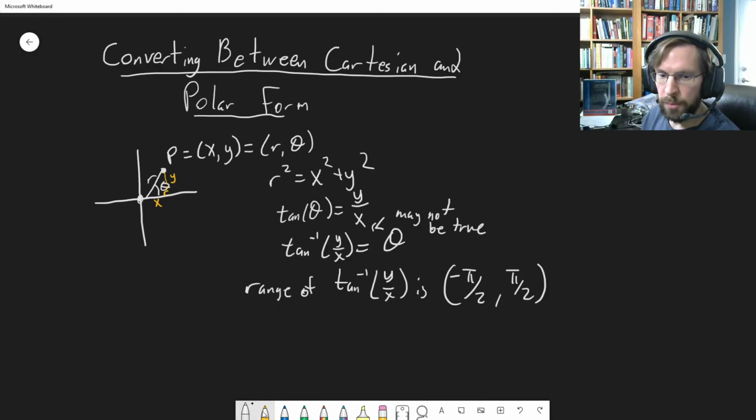So for example, if we have a polar point over here, and you take tangent inverse of y over x, you're going to wind up with an angle that is down here.